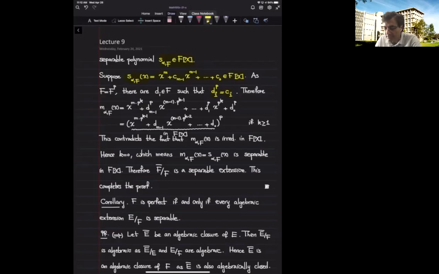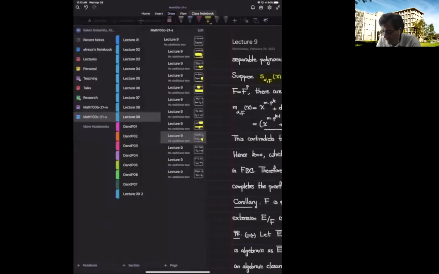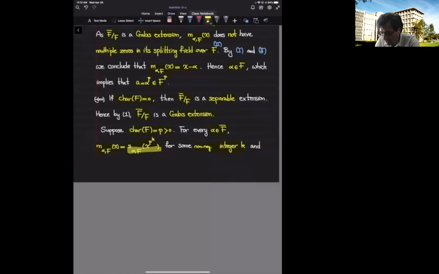I'm going to substitute d sub i to power p for c sub i's in this summation over here. And then I'm going to use the fact that the minimal polynomial is essentially this summation, but instead of x, I'm going to substitute x to power p to the k.